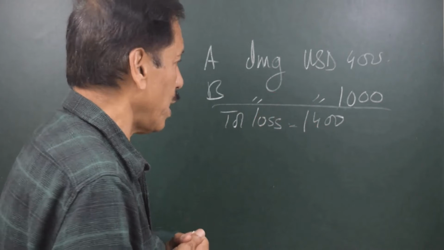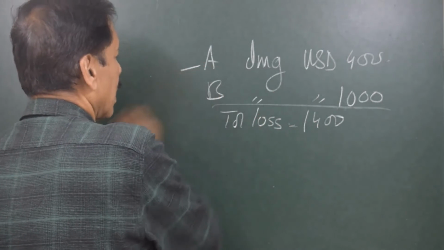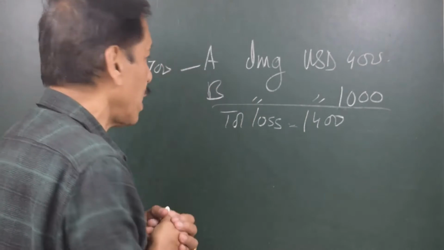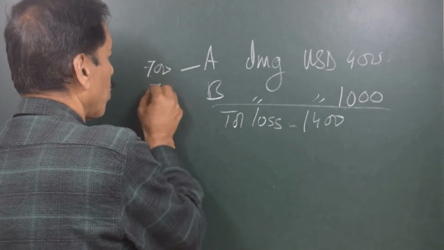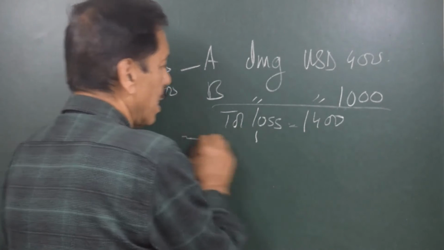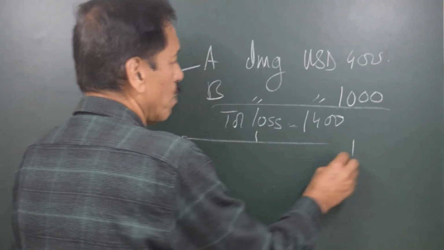Total loss is 1400, so A is liable to contribute 700, and B is liable to contribute 700.